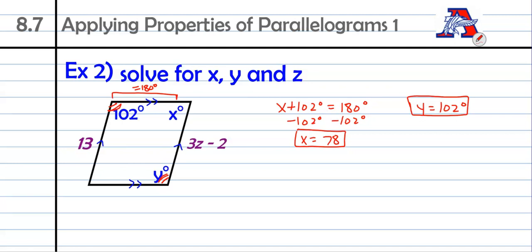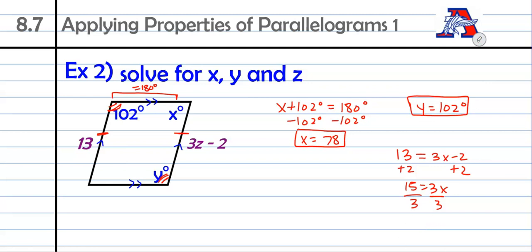And then the last one, we have the left side again and the right side, which we know have to be congruent. So we can just say that 13 is equal to 3z minus 2. Solve that one. Getting lots of equation solving in this unit. Oh shoot, that was a z the whole time.